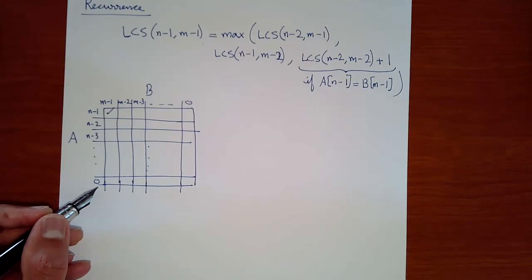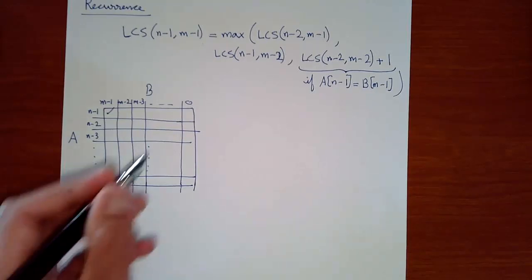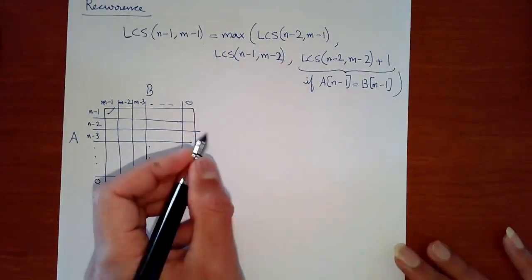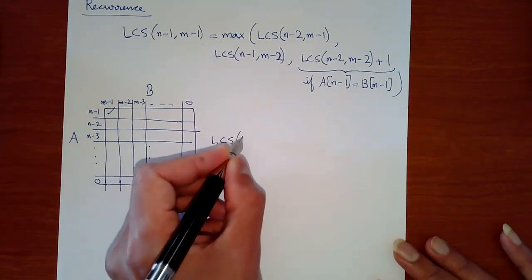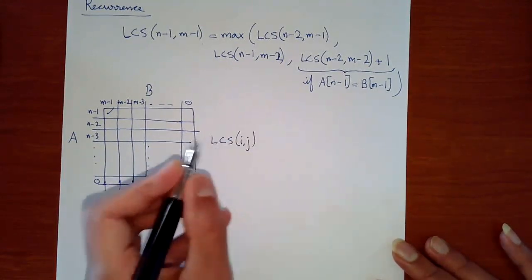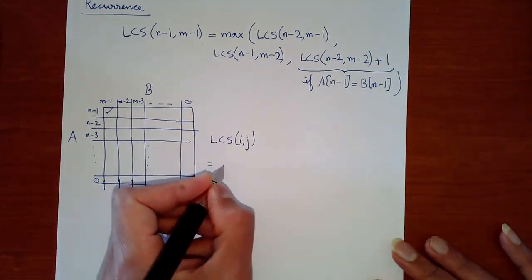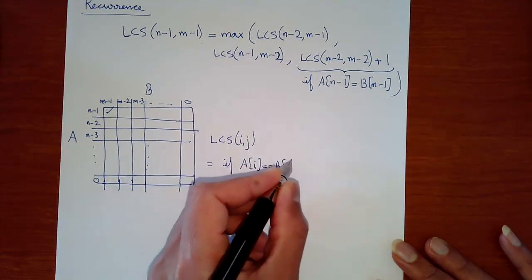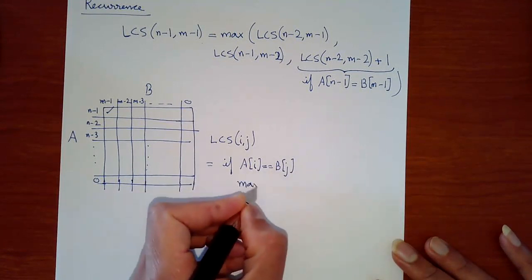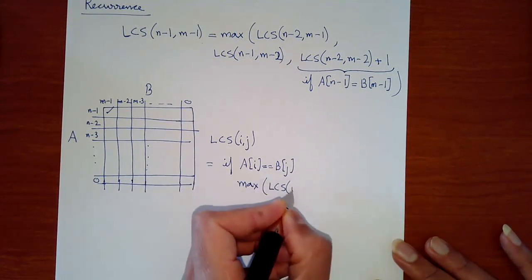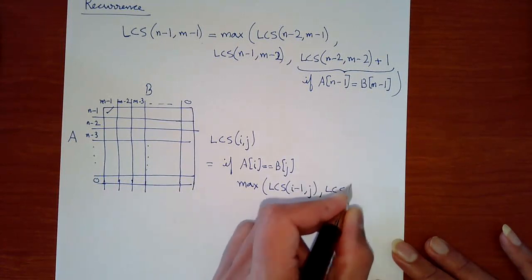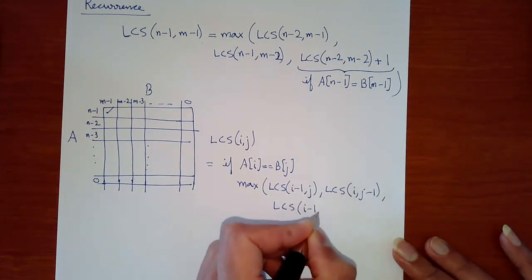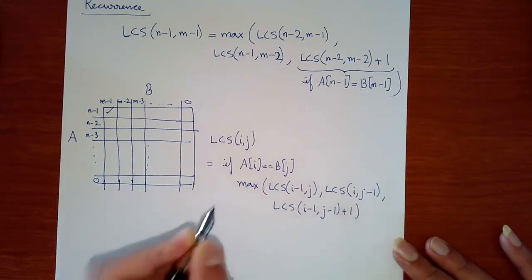Right? Is this clear? And so you can solve, I mean, if you want, you could even have a -1 and just put zeros over there. But you can use this formula. Let me write out this formula again. LCS of I and J is equal to, if AI is equal to BJ, then it's the max of LCS I minus 1 J, LCS I J minus 1, or the LCS of I minus 1 J minus 1 plus 1.